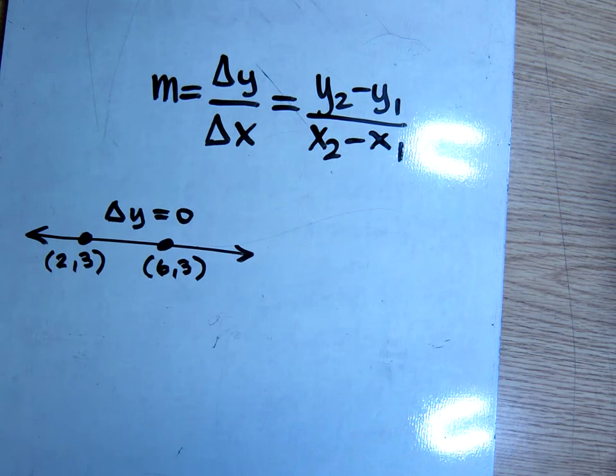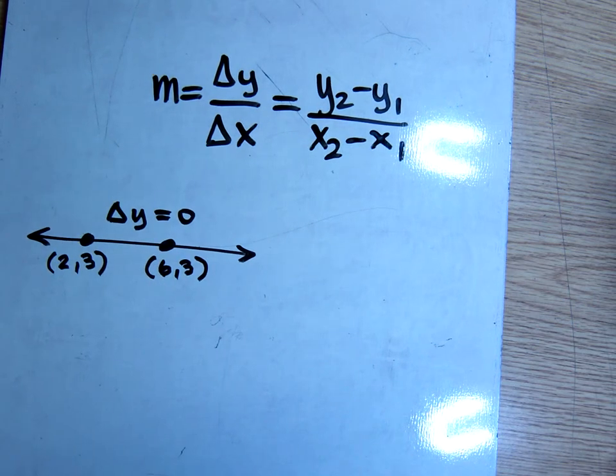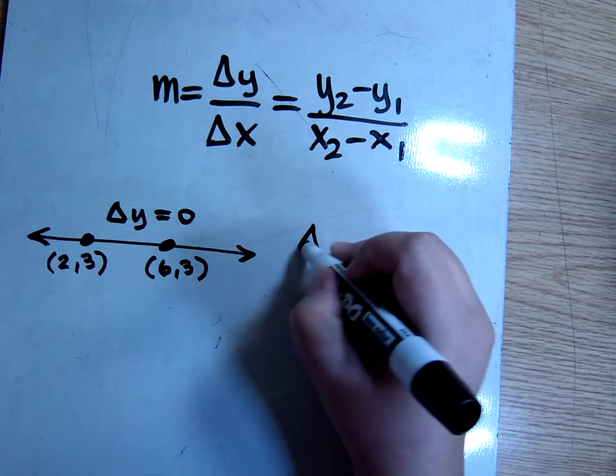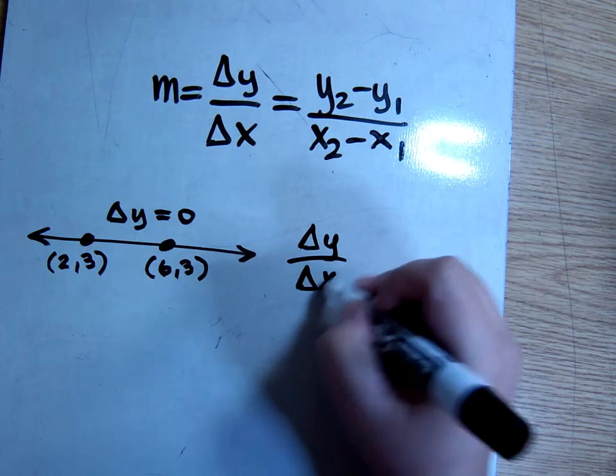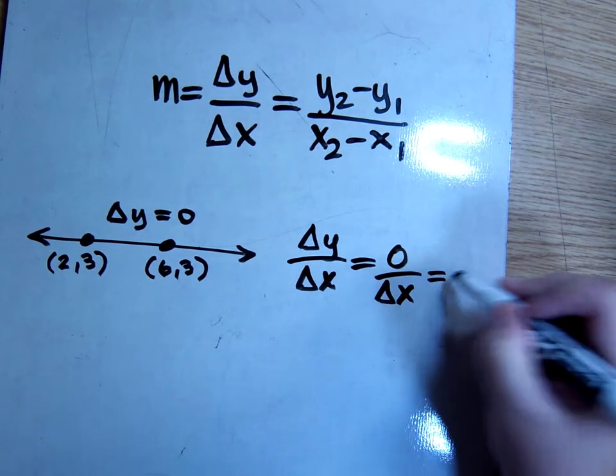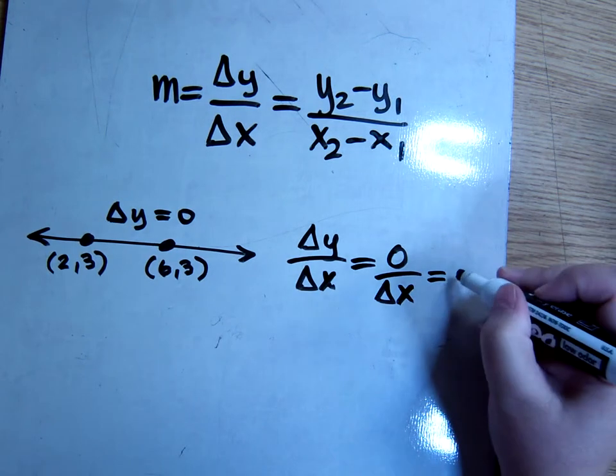Those could be 2 points on a horizontal line. So the change between the y values on a horizontal line is 0. That means change in y over change in x becomes 0 over whatever the change is between the x's. If you have a fraction with 0 as the numerator, that means 0.